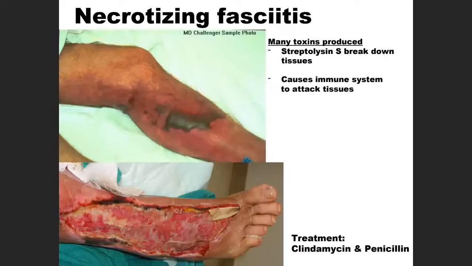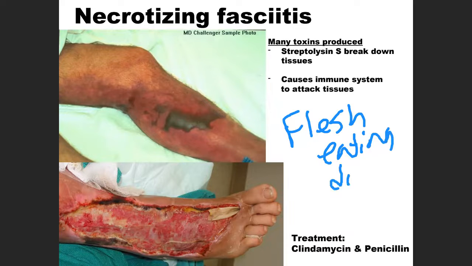In the media, they usually call necrotizing fasciitis the flesh-eating disease, and they call the bacteria that do this the flesh-eating bacteria. Now, Streptococcus pyogenes is one of the many types of bacteria that can cause this.